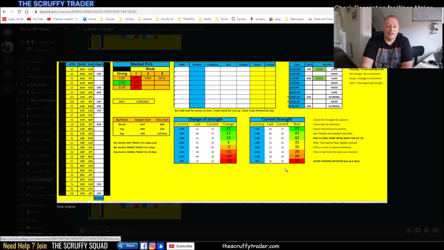But basically what it does is it'll tell you the strength, it'll tell you the change of strength, but more importantly, it picks out the products that are going to move on the day. And that's what this is. And then it also looks at the majors, which move every day regardless of what's going on. And it'll work out which is the best there as well.